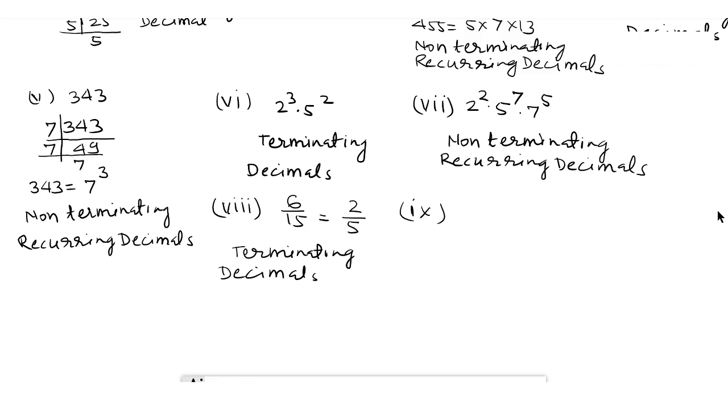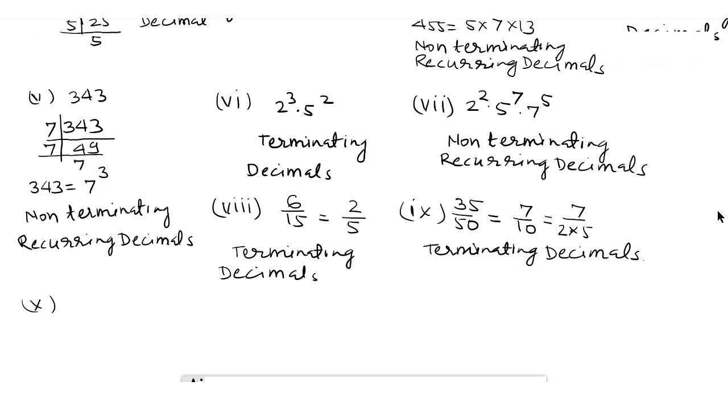Part 9 of the question, 35 upon 50. This is equal to 7 upon 10, and the denominator 10 is equal to 2 multiplied by 5, so it is of the form 2 to the power m into 5 to the power n. Hence this is terminating decimal.